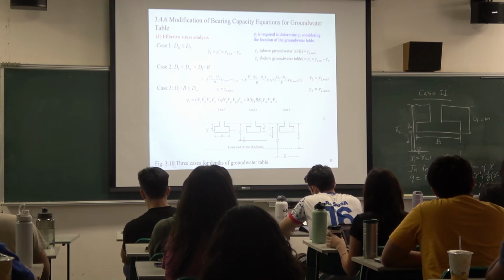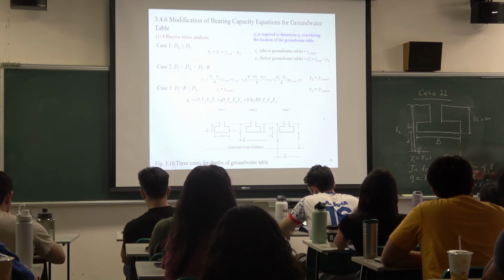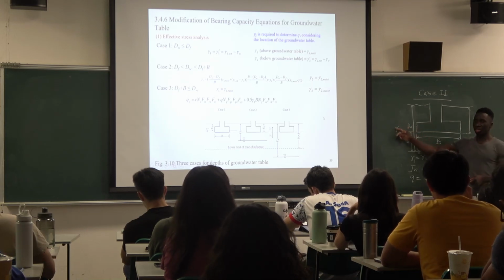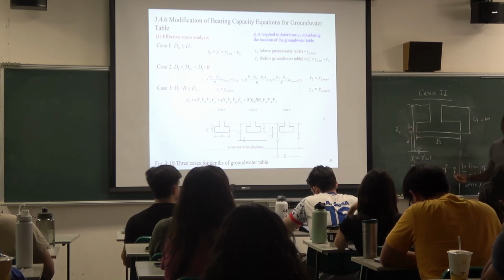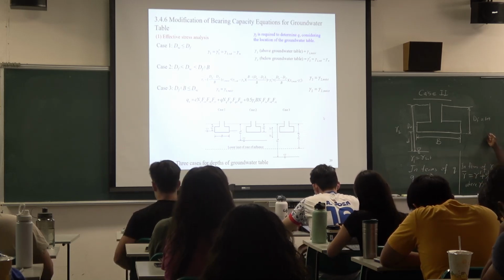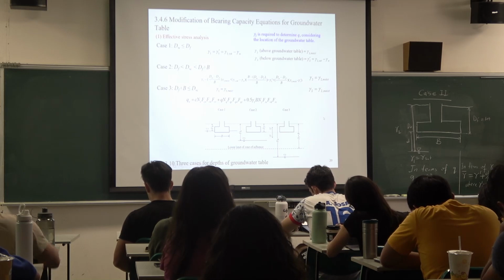So in case 3, you will realize that we don't use this because the depth is deep enough, so it will not affect the foundation. But because here it's not deep enough, it has an impact on the foundation. So that's why we find the gamma equivalent. Because if you only use this, then you will overestimate the bearing capacity, which can be a problem. Okay.